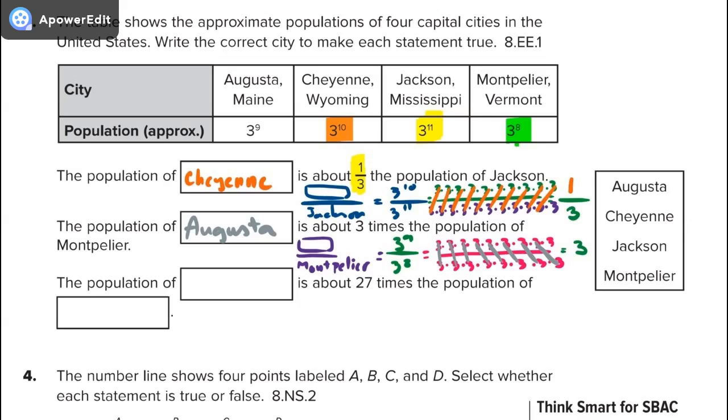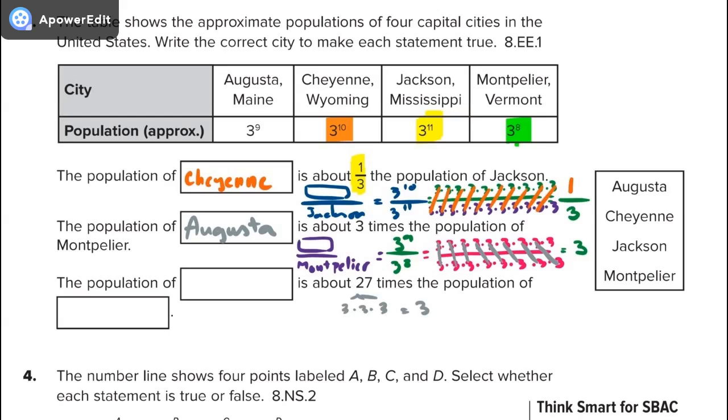Now the last one, the population of something is about 27 times the population of something else. Ooh, 27 times. As we see, the big idea here is all 3s multiplied with each other, right? So 27 can be rewritten as 3 times 3 times 3.